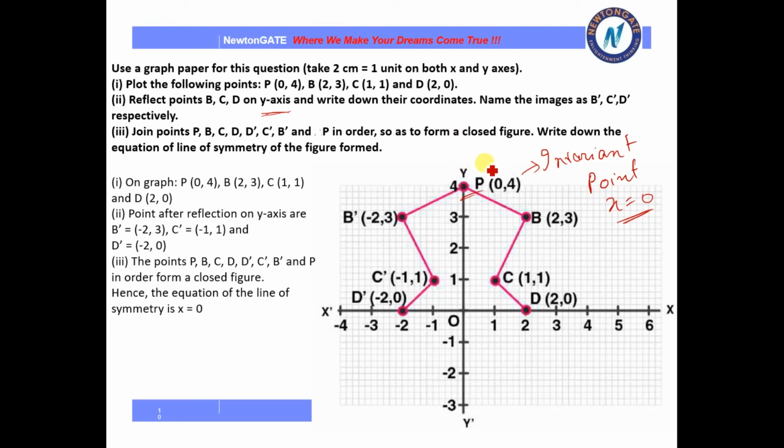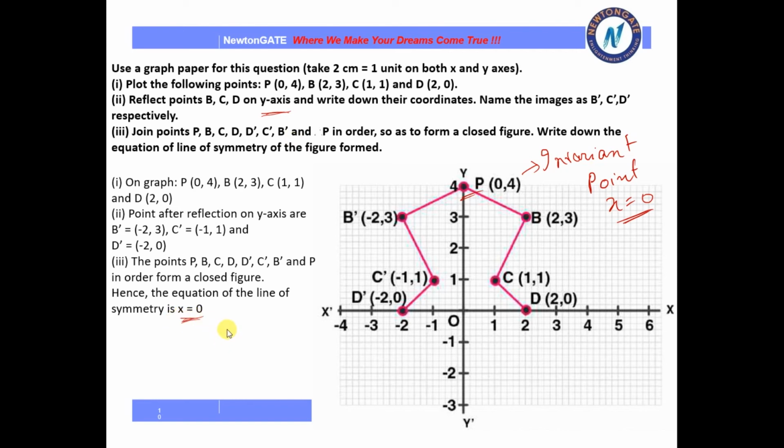So if P, B, C, D, D dash, C dash, B dash and P form a closed figure, the line of symmetry is x is equal to 0. Why? Because the points B, C, D were reflected on the y-axis, that is x is equal to 0, and P is the invariant point with respect to x is equal to 0. So the line of symmetry is x is equal to 0.